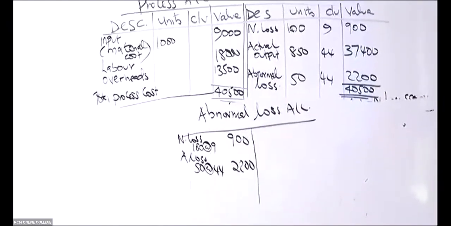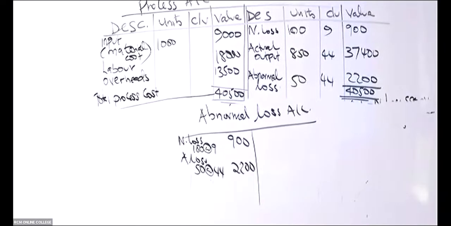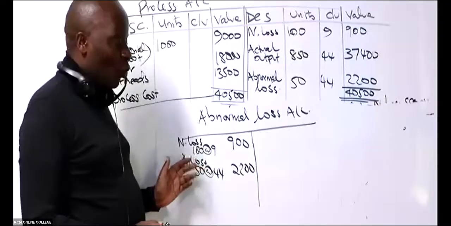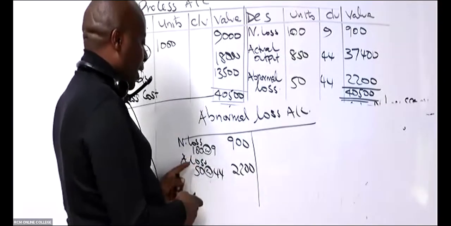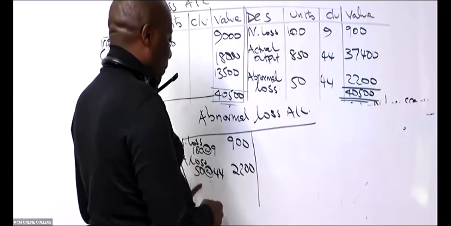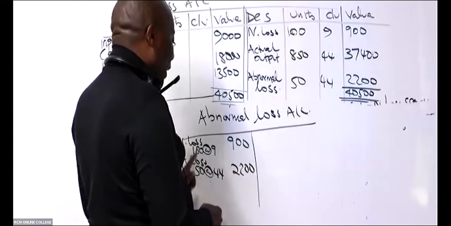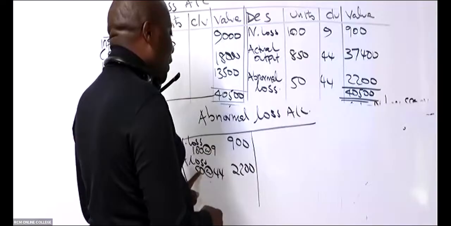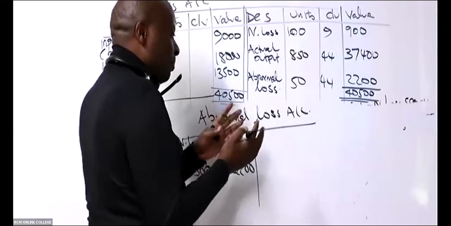Now, ladies and gentlemen, please listen. How many units do we have representing the loss? Total loss will be 150. So these total loss units, we shall scrap them.